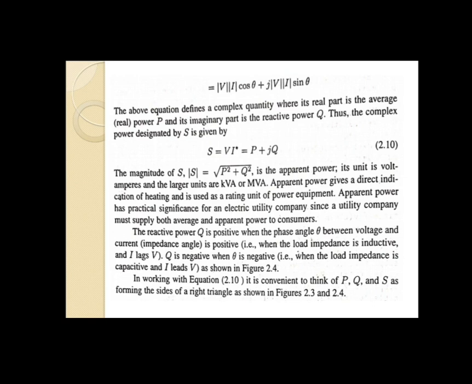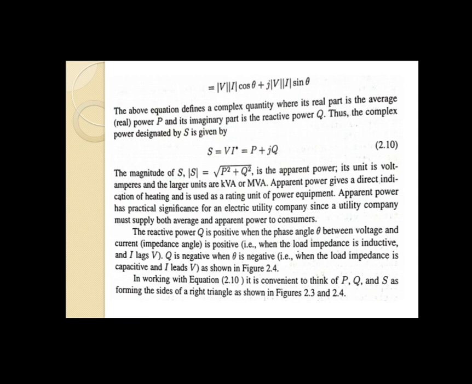So now try to write down the equation in terms of rectangular form. If we go through a rectangular form, having two terms, the first one is the real value and the second one is the imaginary value. So this is the equation in rectangular form: VI cos theta plus j VI sin theta, which is considered a complex quantity, where P is considered the real power and Q is considered the reactive power.